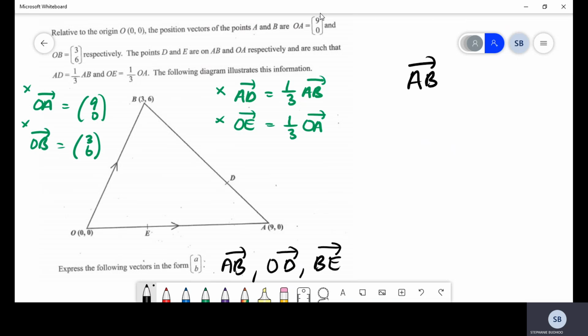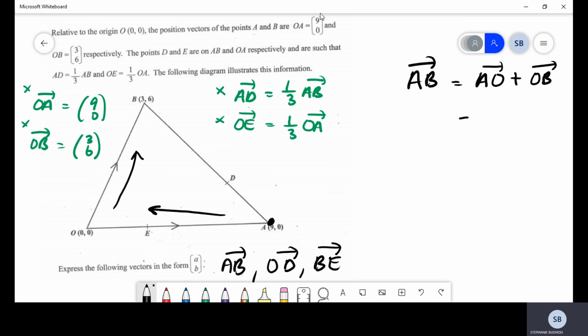To do this, you can look at your diagram and you can see that your starting position is A. You can choose to go this route. So we start at A, we end up at O, and then you can continue along this route, which is OB.